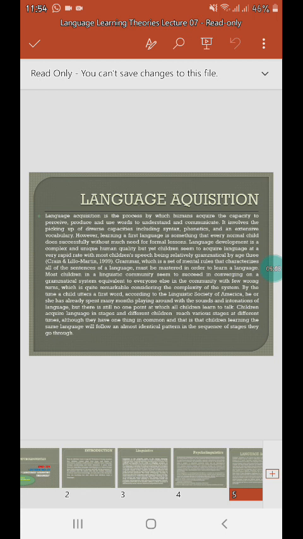Martin and Crane suggest that grammar, a set of mental rules that characterizes all the sentences of a language, must be mastered in order to learn a language. Most children in a linguistic community succeed in converging on a grammatical system equivalent to everyone else in the community with few wrong turns, which is quite remarkable considering the complexity of the system.